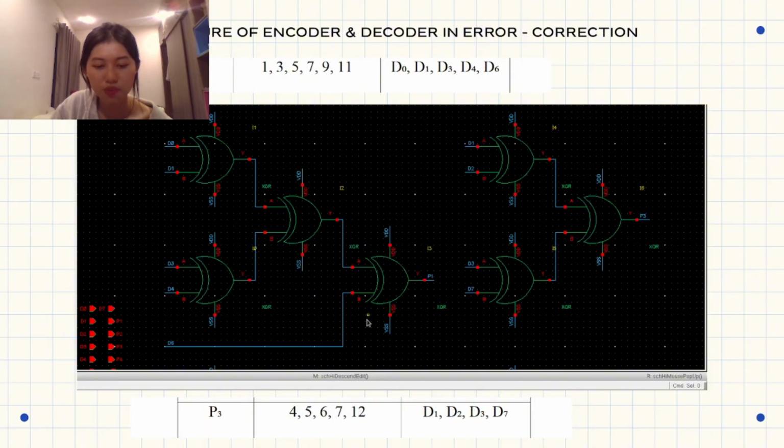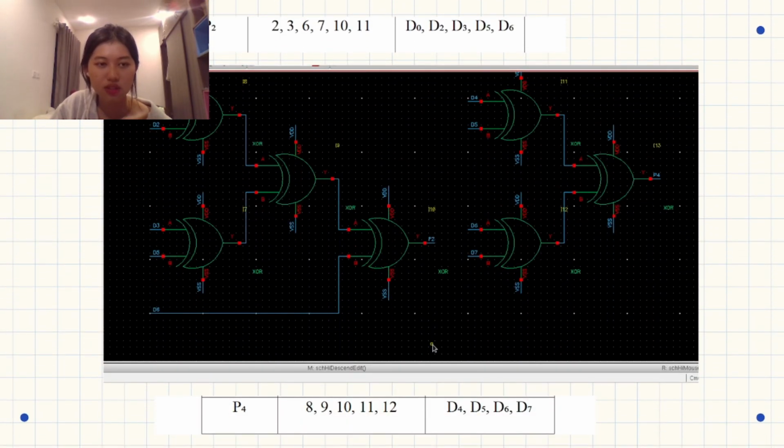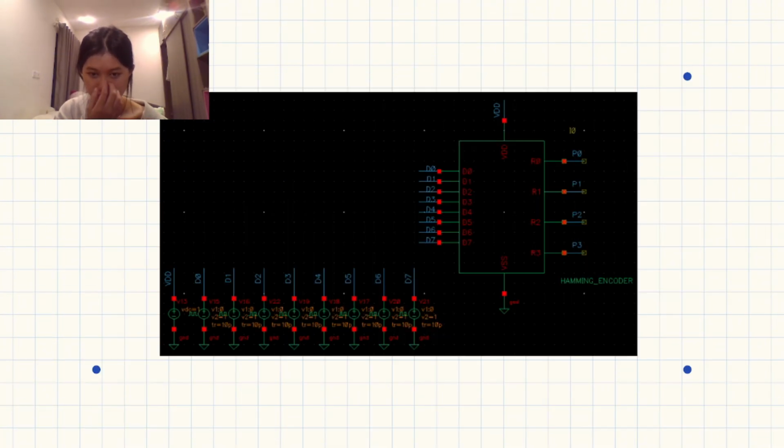P3 is computed from D1, D2, D3, and D7. The next, P2, is computed from D0, D2, D3, D5, and D6. And P4 is computed from D4, D5, D6, and D7. So this is the architecture of the Hamming encoder or Hamming generator after packaging.